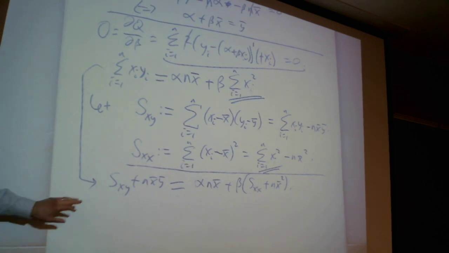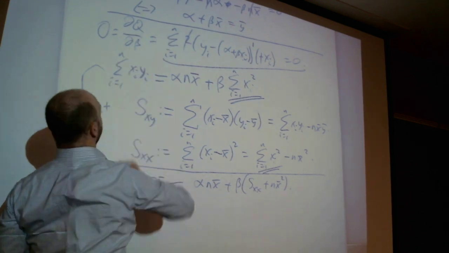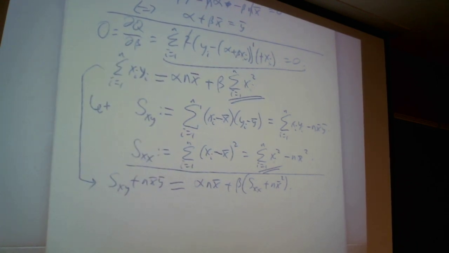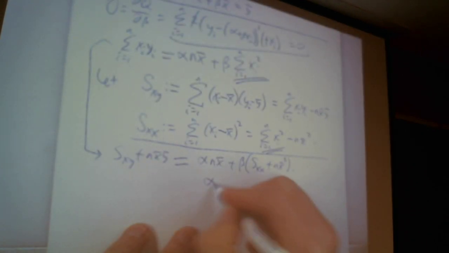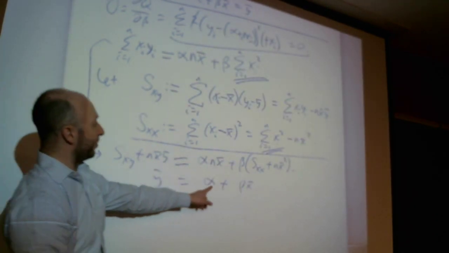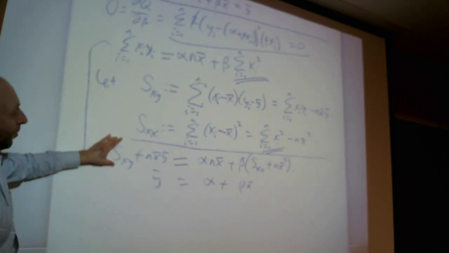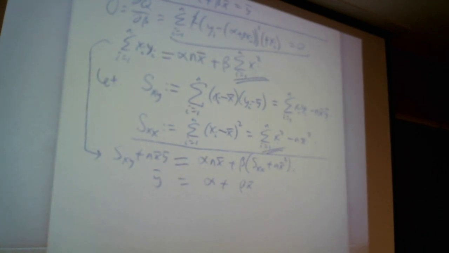Let's combine this equation with that equation, the first equation from the partial derivative with respect to alpha being 0. Right? We need to solve the pair of equations. Alpha plus beta x bar is equal to y bar. That's just the equation up there. And this one, which was a simplified version of that one. Okay?